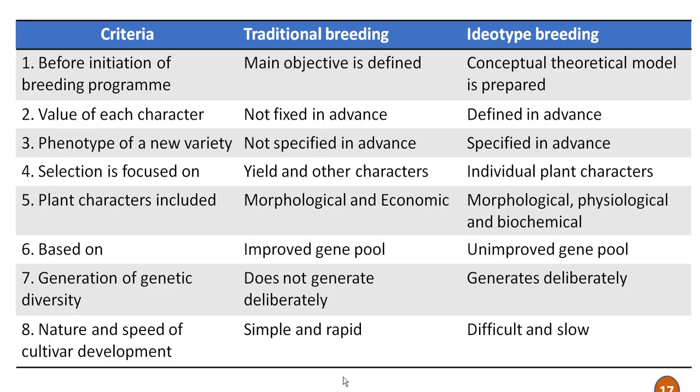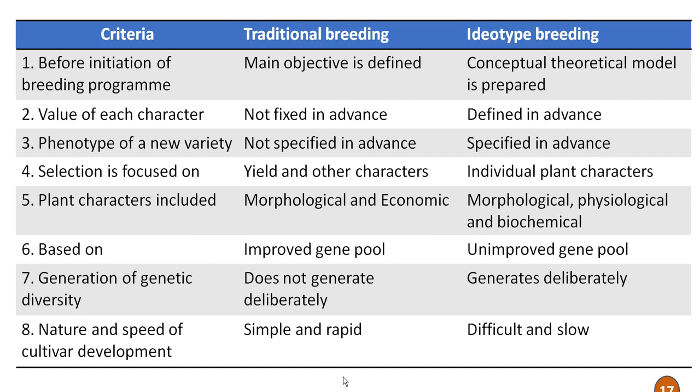Then there is a difference between ideotype breeding and traditional breeding. Let us see. In traditional breeding, the major objective is defined before the initiation of the breeding program, while in ideotype breeding, a conceptual theoretical model is prepared before the initiation of the breeding program.